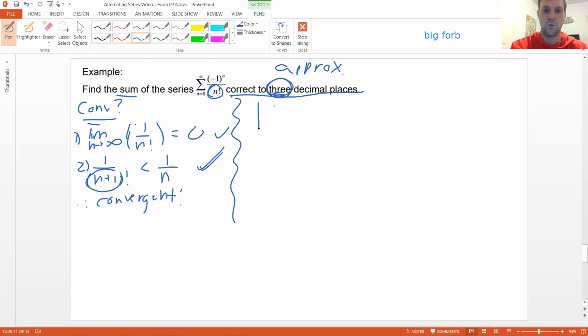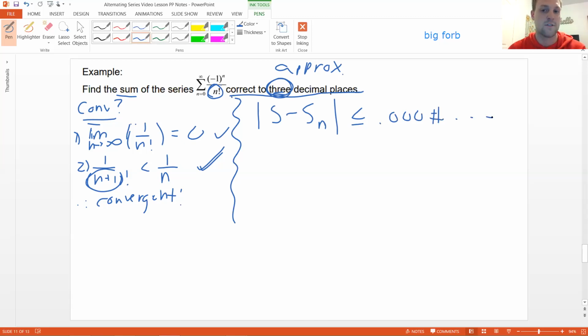I'm going to say that the infinite sum, which is what I'm trying to approximate, minus some partial sum, we'll call it S sub n, I want that difference, that error, to be within 3 decimal places of the actual value. So I want this to be less than or equal to 0.000 and then some number afterwards.